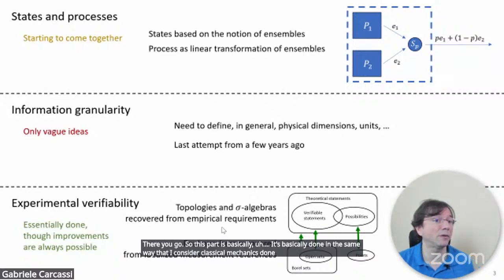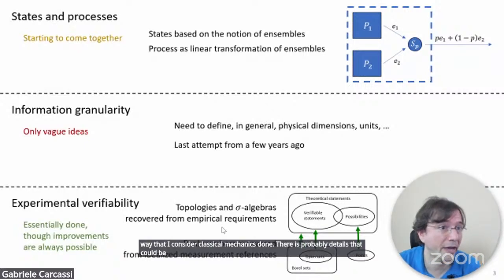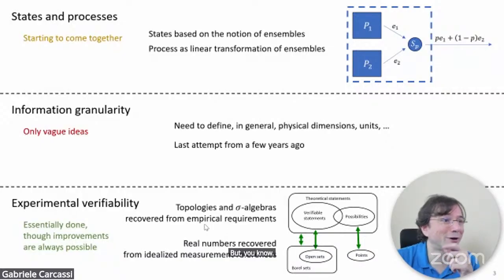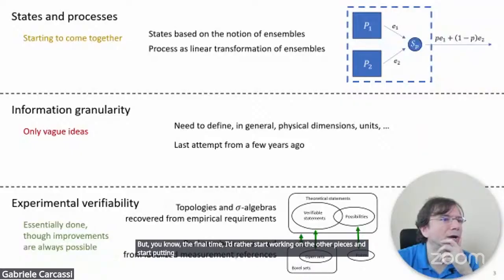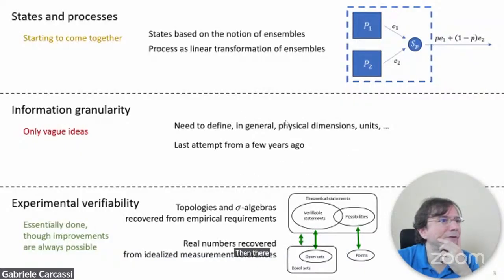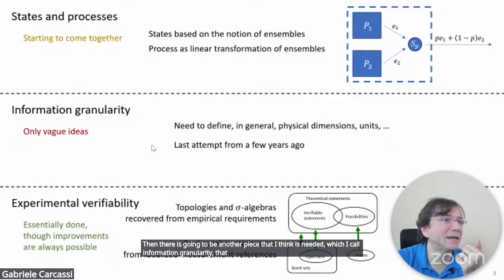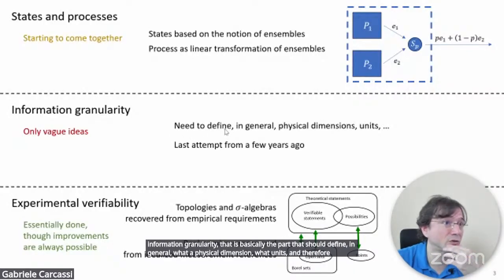There are probably details that could be done better, but for finite time, I'd rather start working on the other pieces and start putting the other piece in the ballpark. Then there is going to be another piece that I think is needed, which I call information granularity. That is basically the part that should define in general what a physical dimension, what units, and therefore connected measures are.